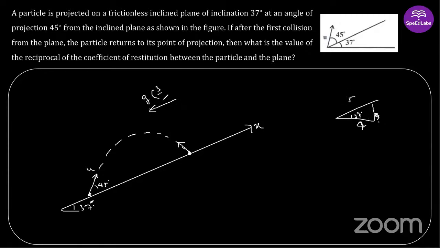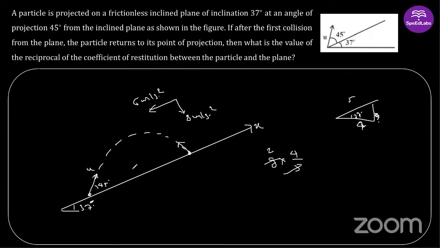So g into 3 by 5, taking g as 10, is 6. So the acceleration in this direction is 6 meter per second square. And this acceleration is g cos 37, which is 4 by 5 times 10, so it is 8 meter per second square.